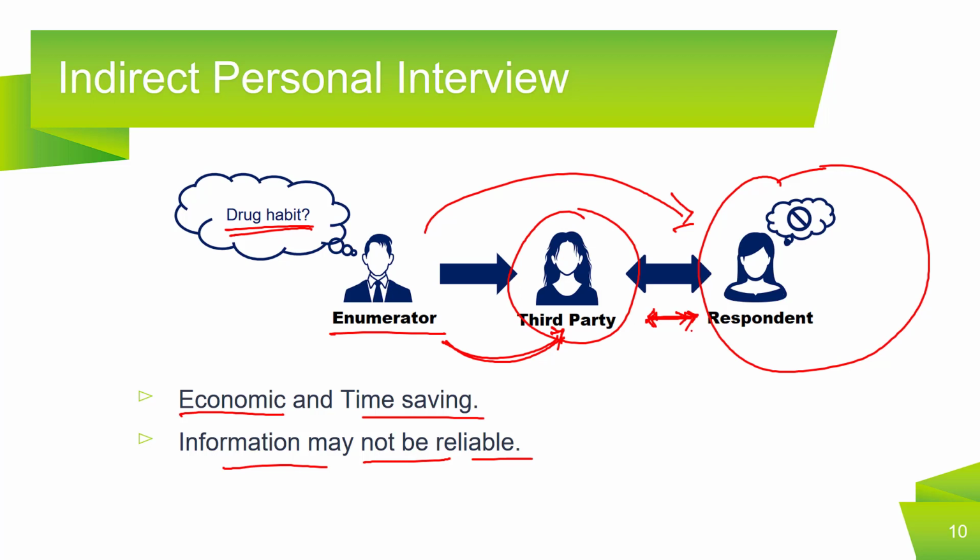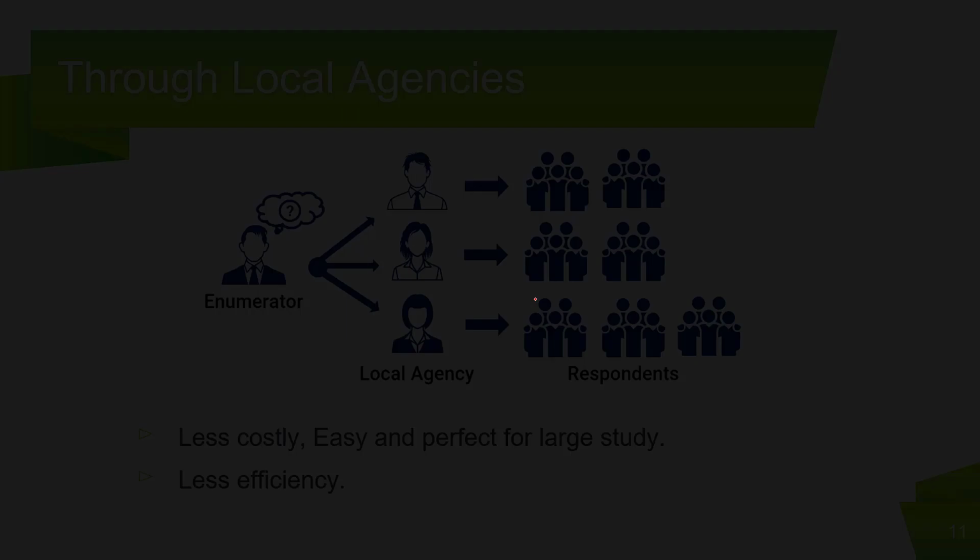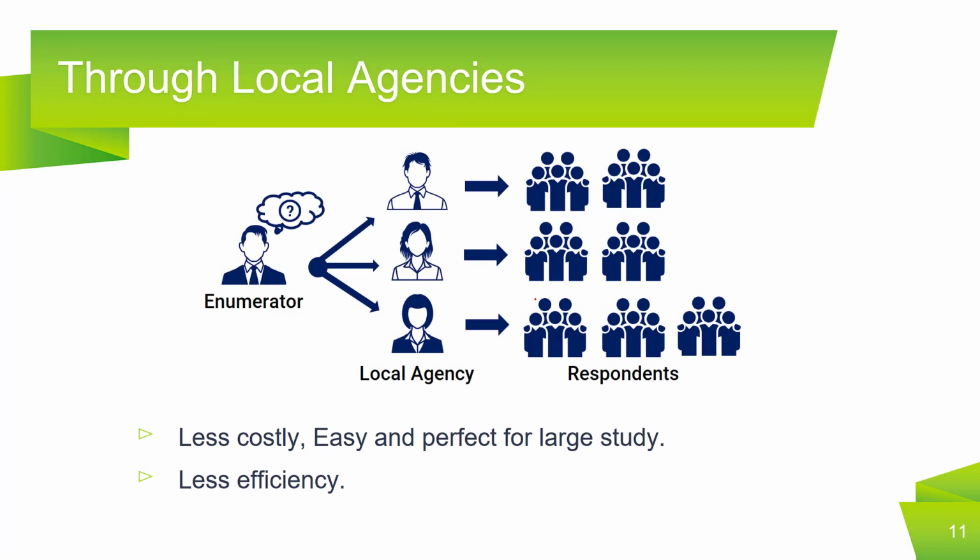If the third party does not have adequate knowledge about our respondent, he or she may provide us with some very vague or inaccurate information. So that's why the information may not be reliable in most cases, but in case of these critical questions, that is the only way we can collect information, right? So that is indirect personal interview. The next one is through local agencies.